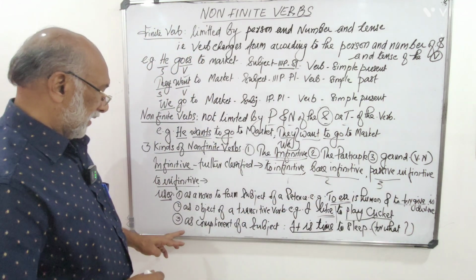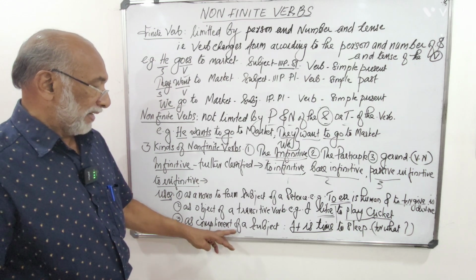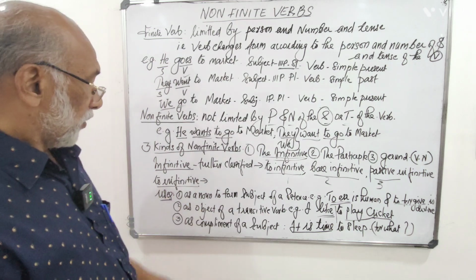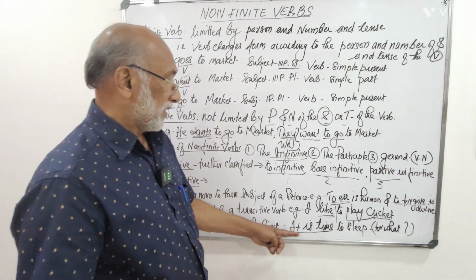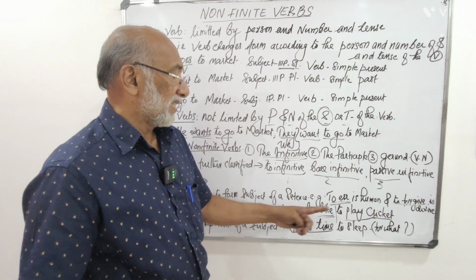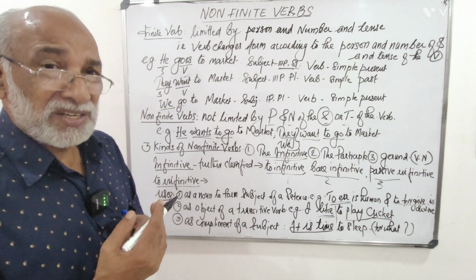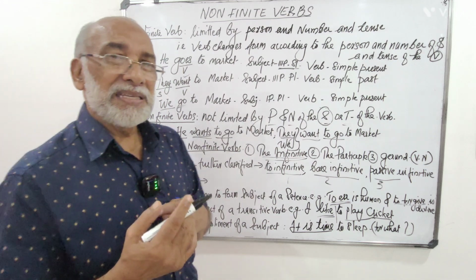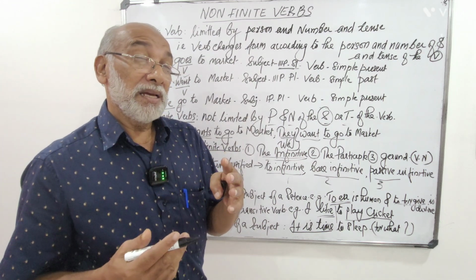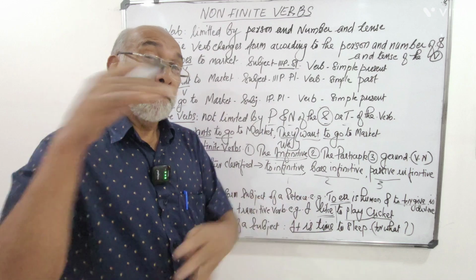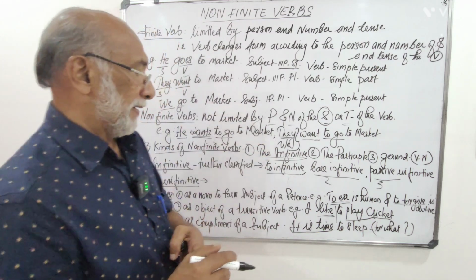And coming to the third use, as a complement of a subject. It is time to sleep. Complement means something that does the work of completing the sense of the sentence.